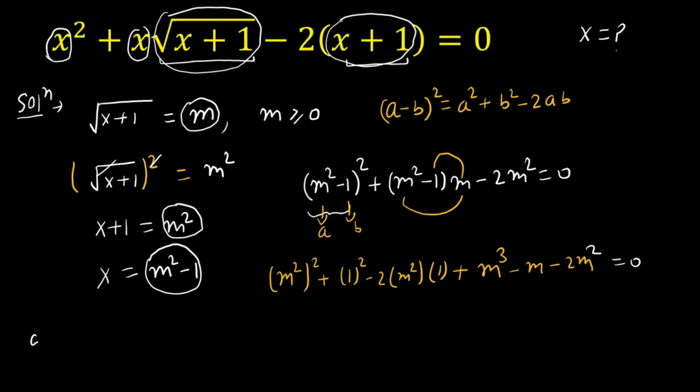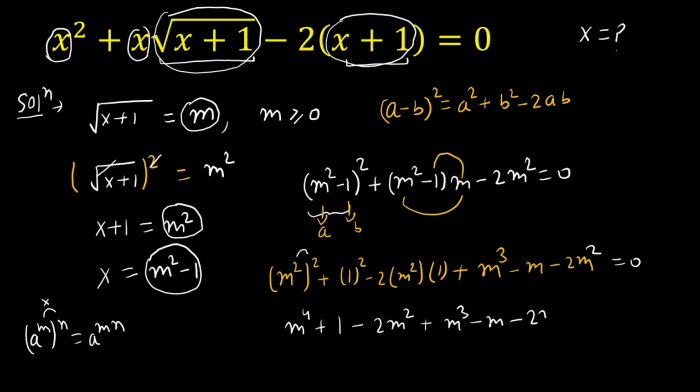We know the base and exponent rule, a power m bracket power n equals a power m times n. If we apply this rule, this m and n are multiplied to each other. Then this 2 and this 2 are multiplied. Then m power 4 plus 1 power 2, that is 1, minus 2 times m power 2, and plus m power 3 minus m minus 2 m power 2, and this is equals to 0.